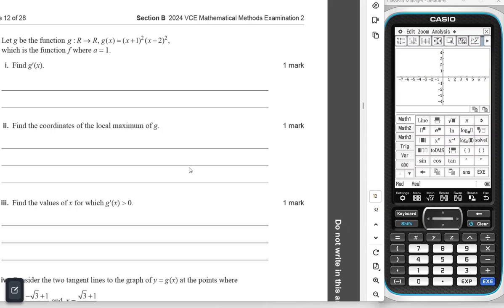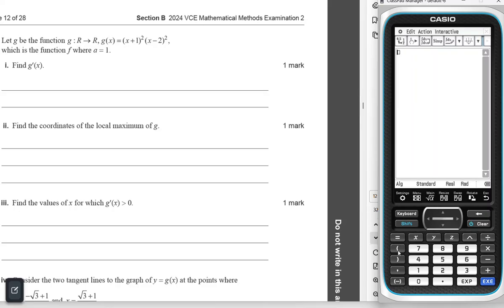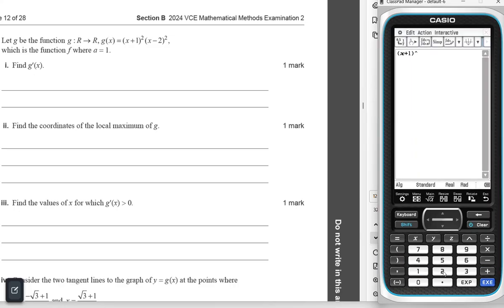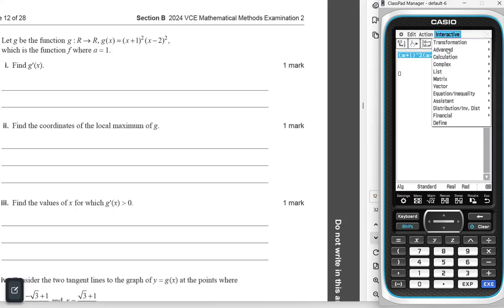Over the page. Let the function g, so to find the derivative when A is 1. Okay then, so if I bring up the main keyboard, let's type that in, (x + 1) squared, (x - 2) squared, double check it, that's correct, and we're looking for the derivative.